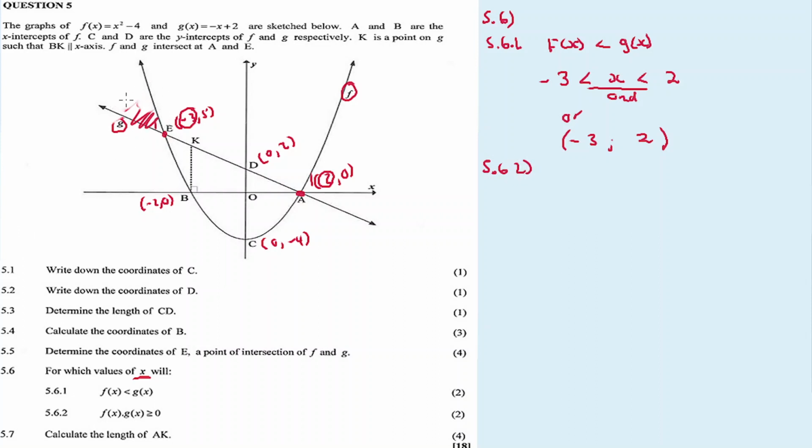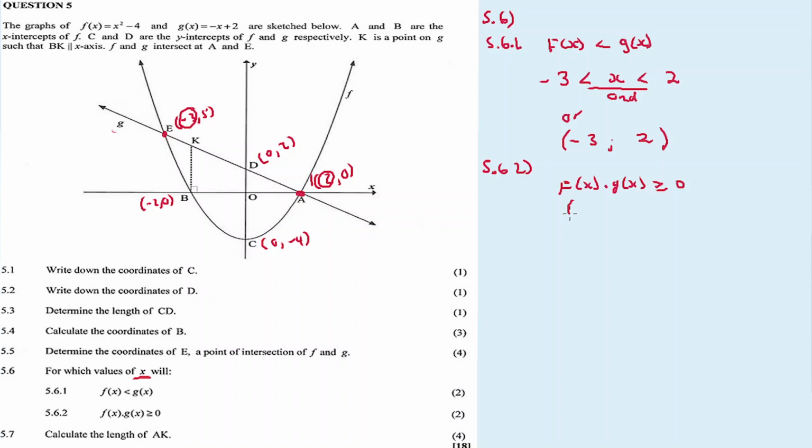5.6.2. Okay, I think I'll erase the coordinates here, because I will need them. For which x values will f of x times g of x be greater than or equal to 0? Let's use algebra to analyze this one.